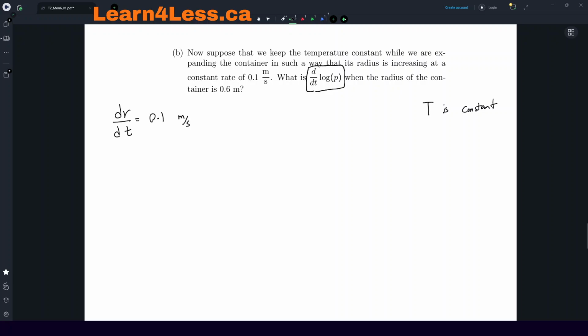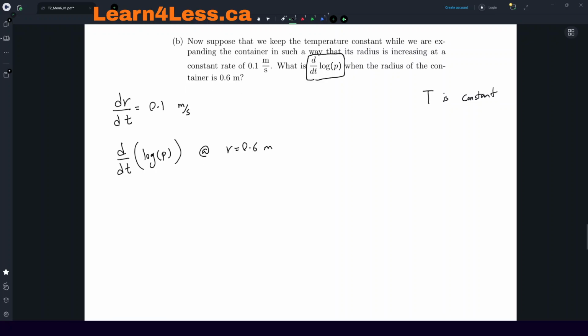So basically they are looking for d over dt of log of P at r equal to 0.6 meter. Before finding this derivative, we need to relate the radius and this. Let's first take this derivative and see if we can simplify that.